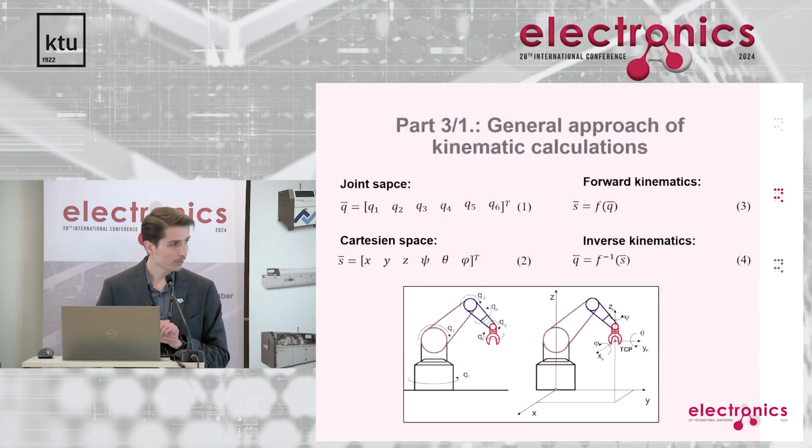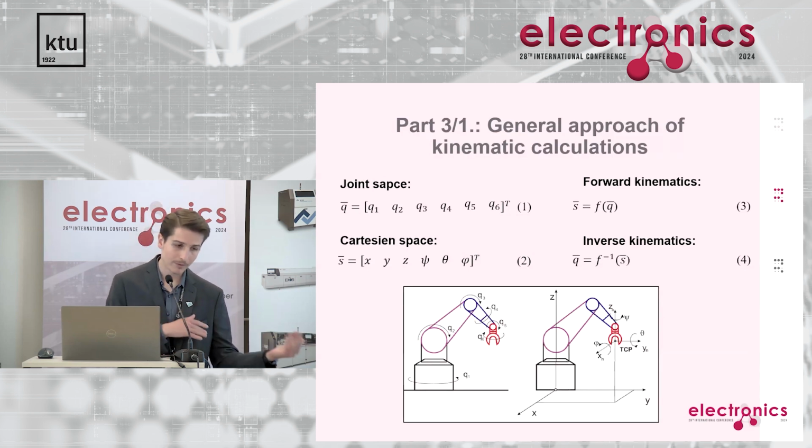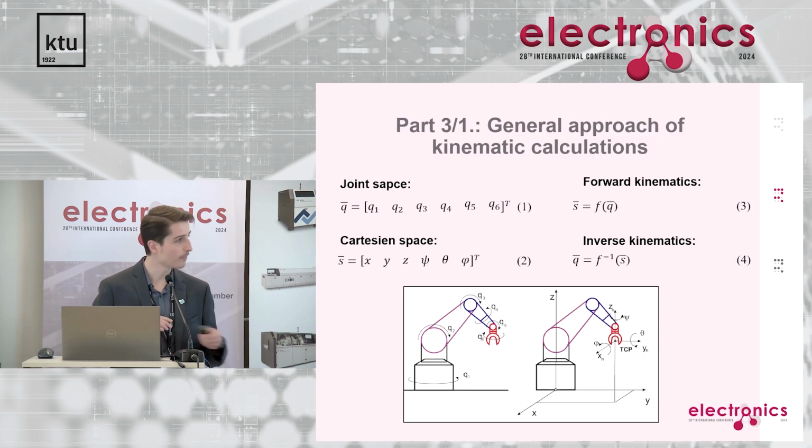What is also important to understand is that singularity has a mathematical background. As I mentioned in my previous presentation, we have two different kinds of coordinates: joint space and Cartesian space. Here you can see the joint space, so the actual position or value of each of the joints. And Cartesian space reflects the end effector of the robot.